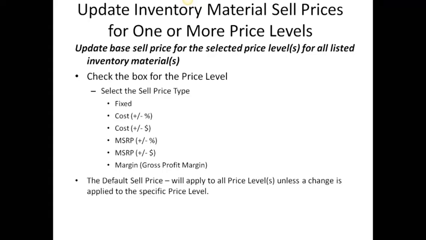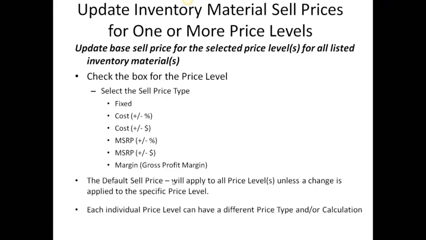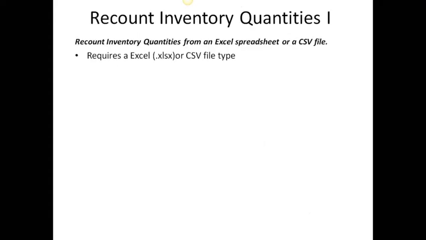Meaning if all I do is set my default price, all the price levels below are going to pick that up. If I want different pricing structures for different pricing levels, then I will enter those. And each individual price level can have a different price level type, as you guys just saw. So hopefully this will shed some light and you can take a little more advantage of some of these tools and save yourself a tremendous amount of time.